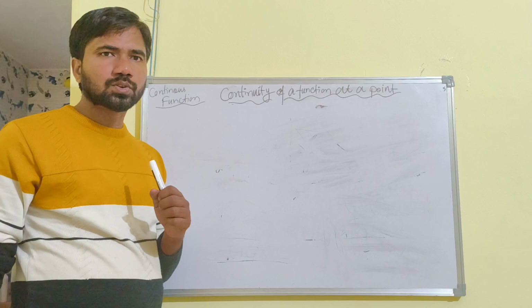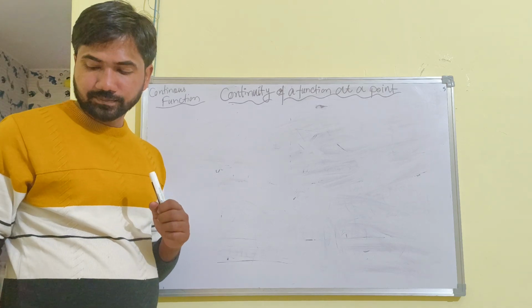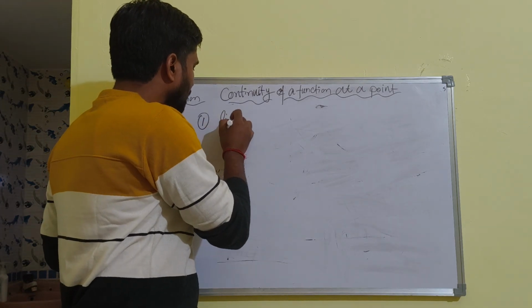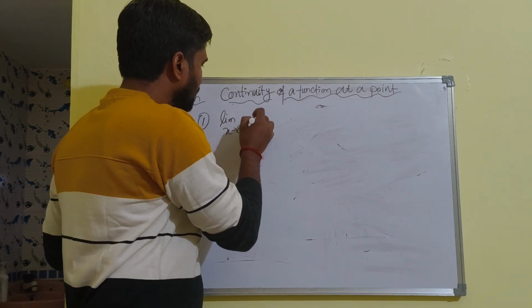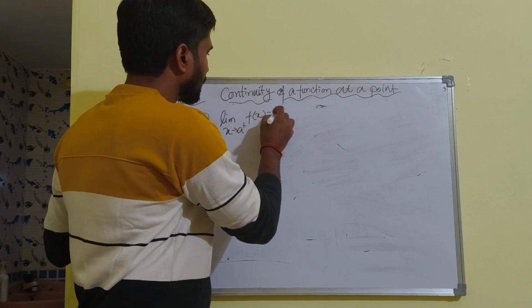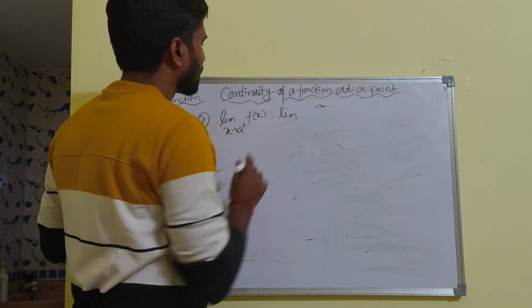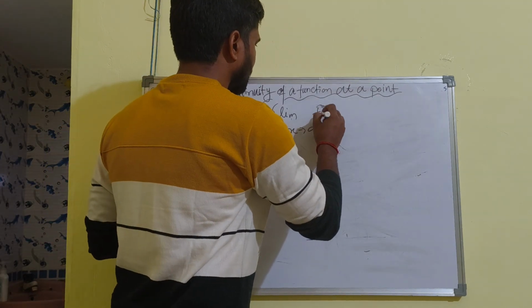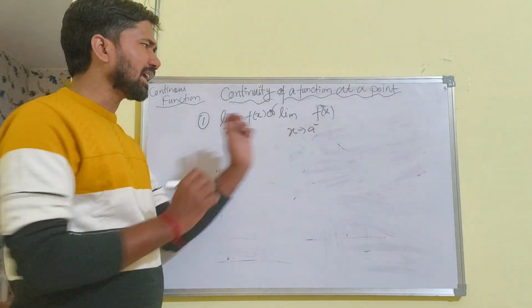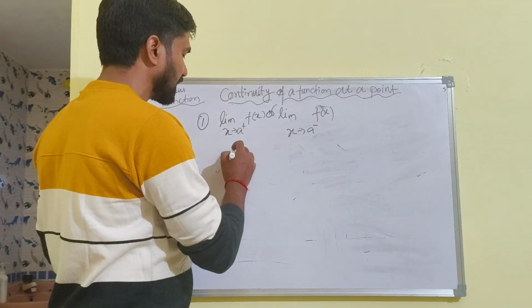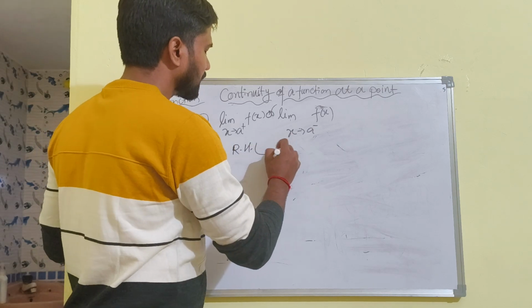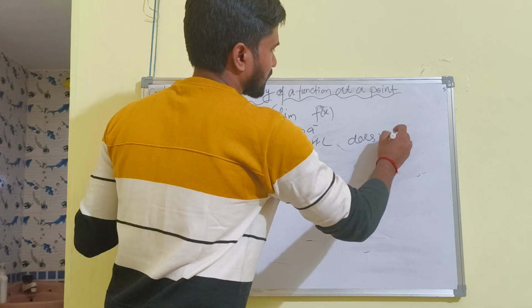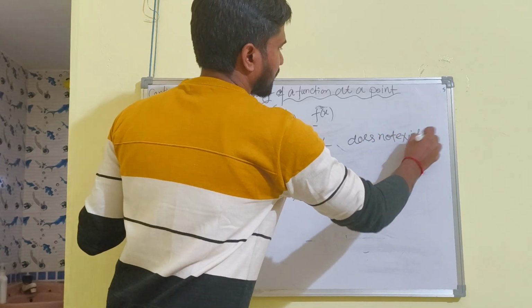If it is discontinuous, then maybe the limit as x tends to a plus of f(x) is not equal to the limit as x tends to a minus of f(x).